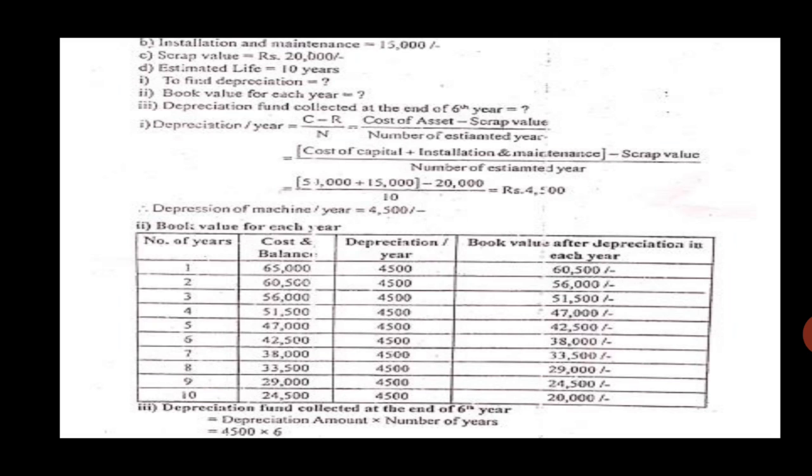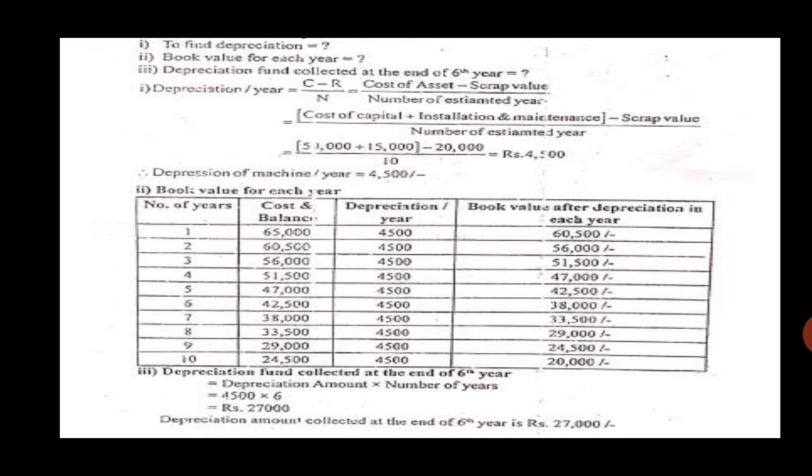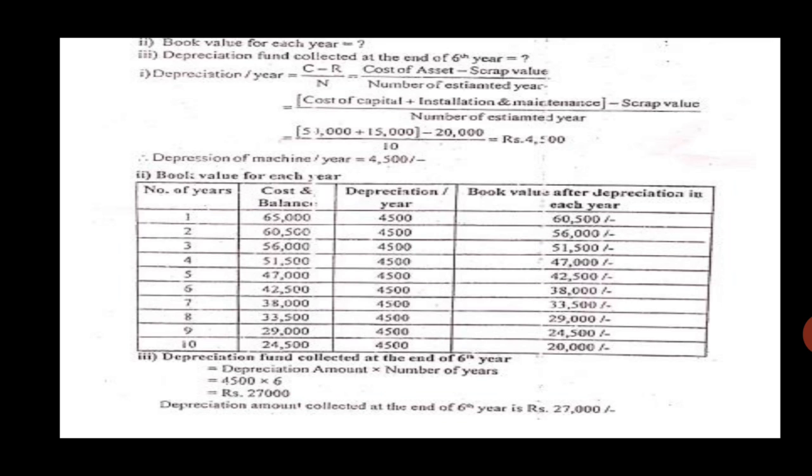So the cost of the capital plus installation and maintenance minus scrap value divided by number of estimated years, that is 10 years life. So here it is 50,000 plus 15,000 rupees installation charge, that is totally 65,000, minus scrap value which you are going to get after 10 years as 20,000 rupees. So 65,000 minus 20,000 is 45,000, divided by 10 is 4,500 rupees. So the depreciation of the machine per year is 4,500 rupees.